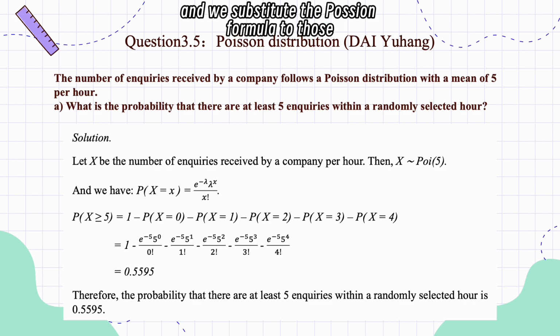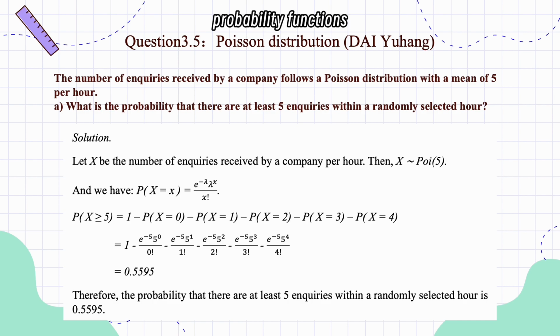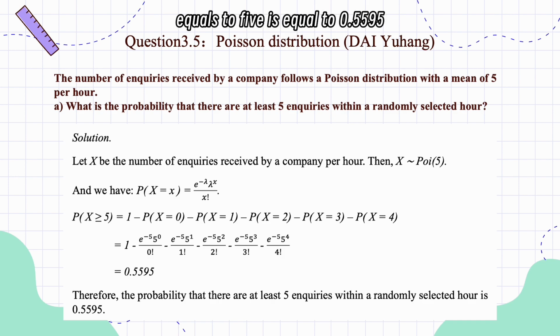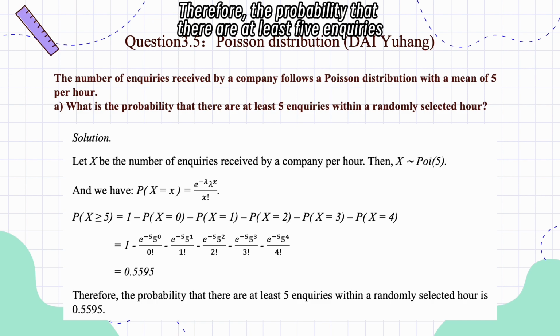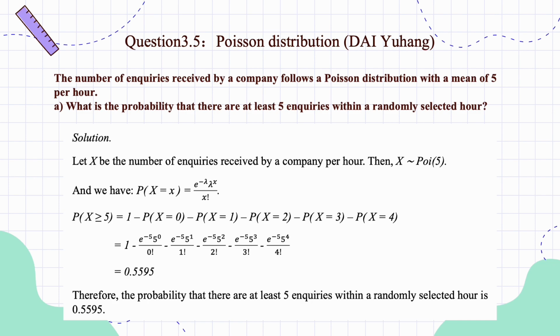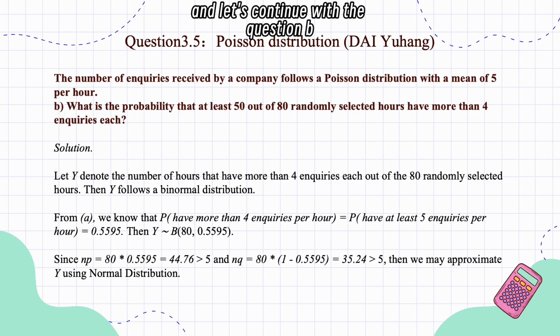And we substitute the Poisson formula into those probability functions, and then we have the probability of x greater or equal to 5 is equal to 0.5595. Therefore, the probability that there are at least 5 inquiries within a randomly selected hour is 0.5595.